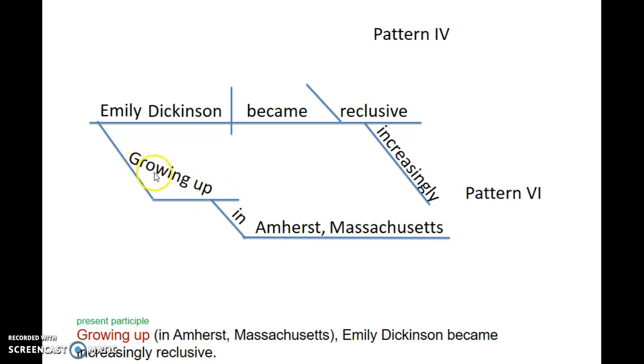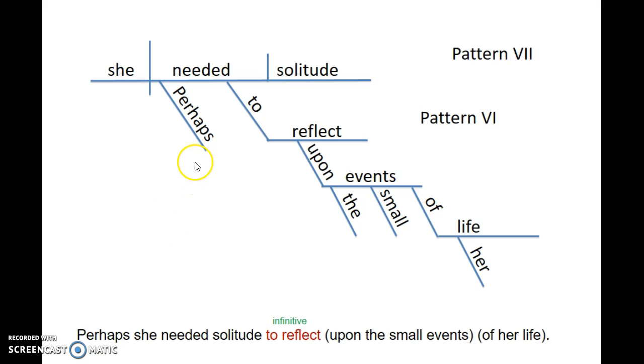To show that it is a participle, we put the verbal on the diagonal, and then in Amherst, Massachusetts is telling us where, so that prepositional phrase goes below. Emily Dickinson is the implied subject for the verb. Now we're treating it as a verb again to identify the sentence pattern. Grow up is an action verb, but there's no direct object. So subject plus intransitive verb makes a pattern 6.